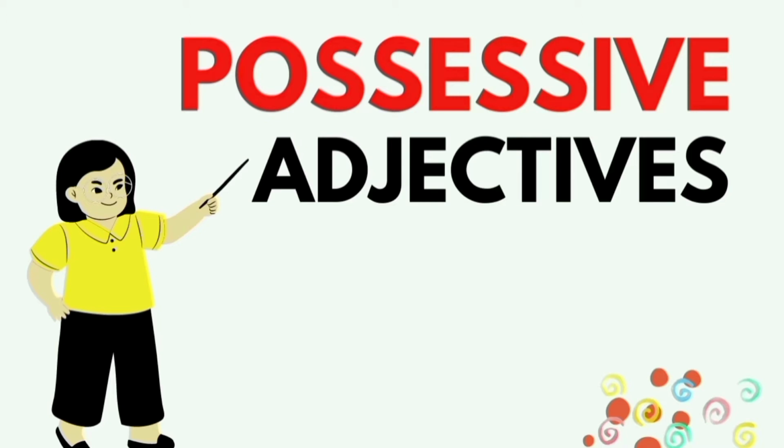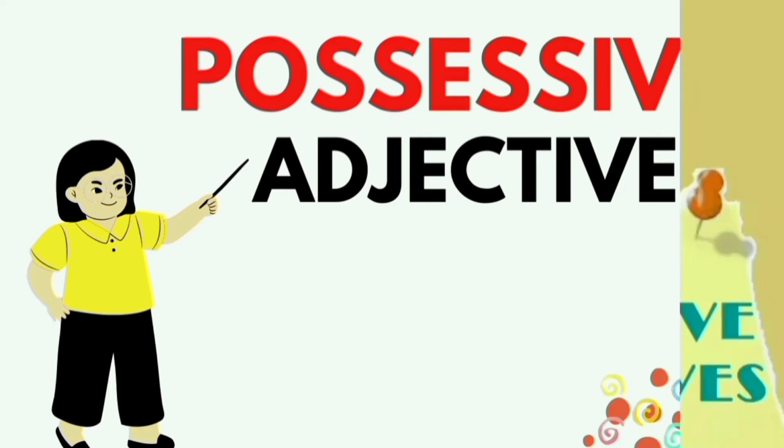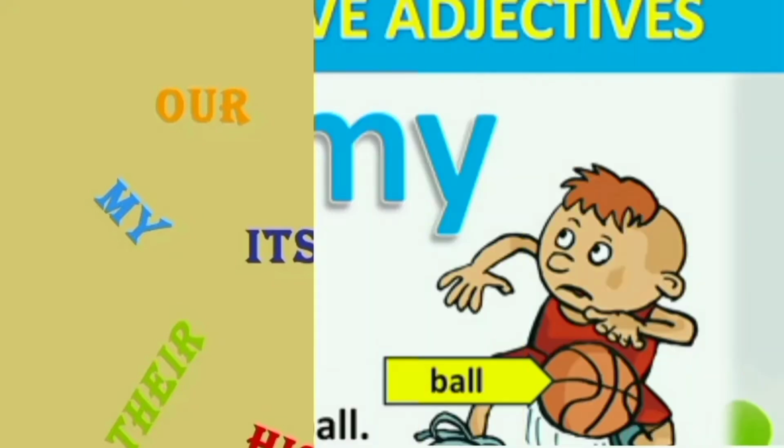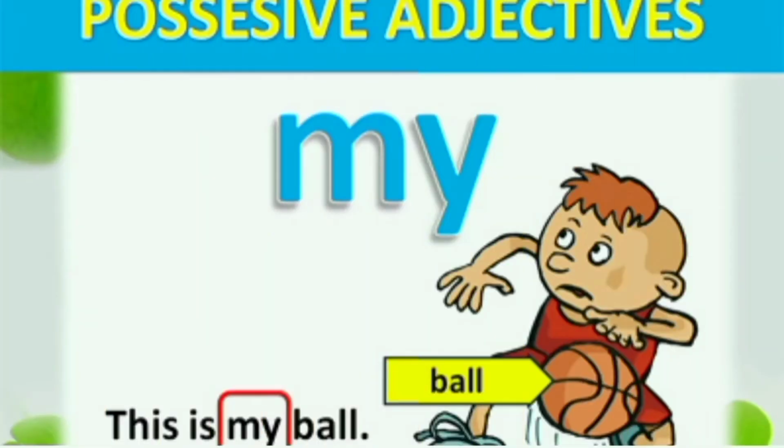Possessive adjectives indicate possession. They indicate ownership. They show ownership. They show possession. Examples of possessive adjectives include my, its, your. One thing you should know about possessive adjectives is that they have the same structure as possessive pronouns. So possessive pronouns are used as possessive adjectives when they occur before a noun.